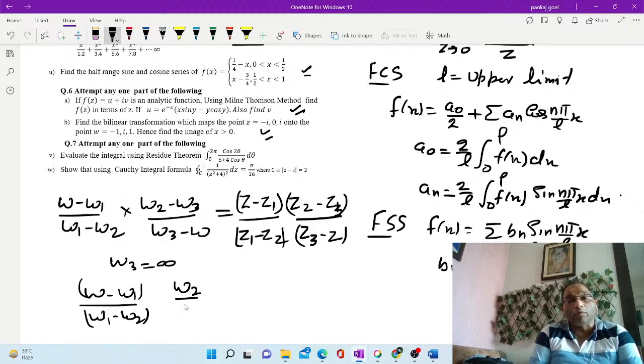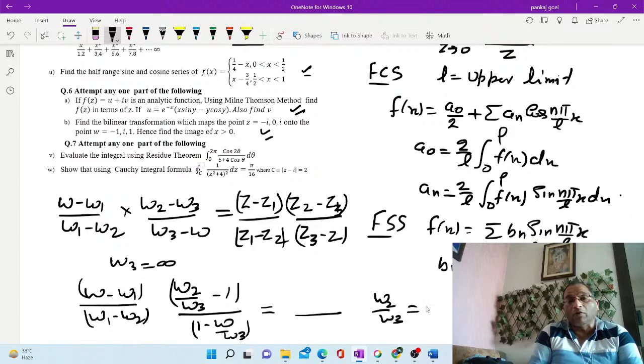So I write w2 upon w3 minus 1, and similarly in the denominator we write 1 minus w upon w3, and the rest of the formula is the same, and we will write w2 upon w3 equal to 0 because w3 is infinite, like this. So apply this bilinear transformation here. Residue theorem, I already explained this.